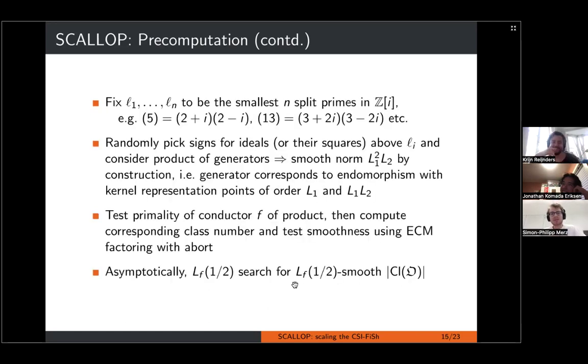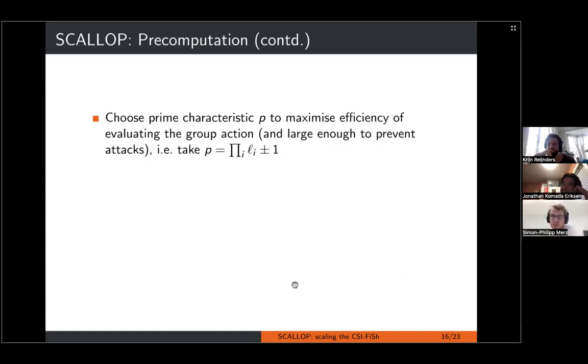So now, one additional thing that we haven't talked about at all is the characteristic of the prime field you work over. In CSIDH, you take it as the product of the ideals you act with, plus minus 1, I think, maybe with a small cofactor. And the same works actually here.